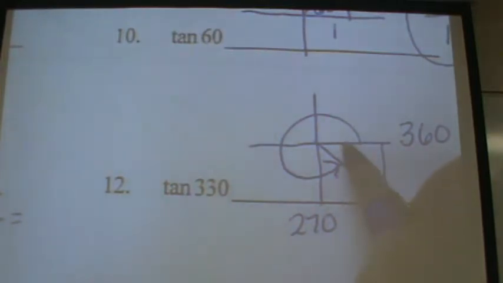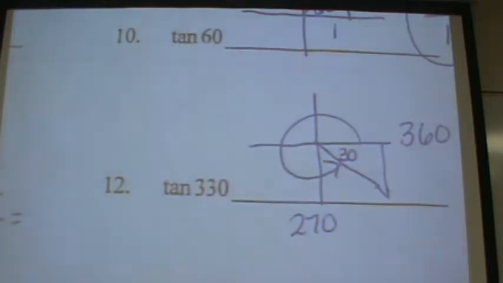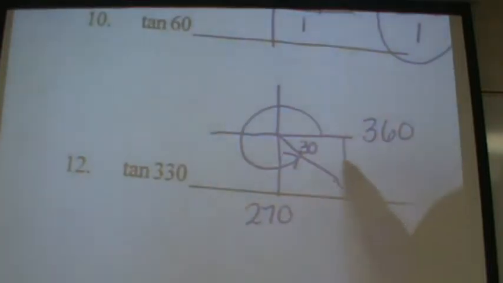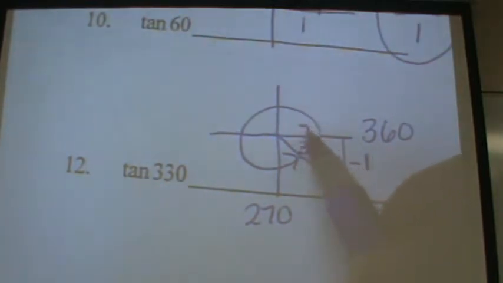What's this angle? 30. So we're going to call this side negative 1, opposite the 30 is a 1. This side is root 3, and this is a 2. Everyone got that? Root 3, negative 1, and 2.